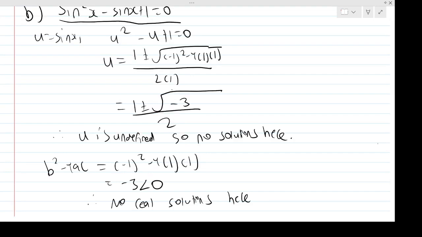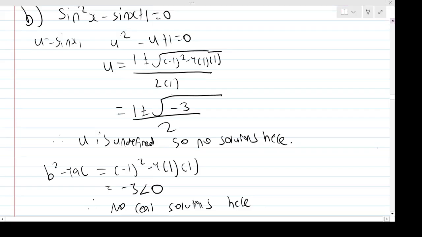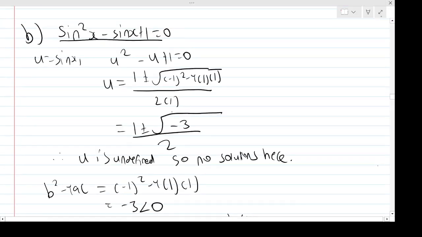So do remember, you can prove there are no solutions to a quadratic by considering the discriminant, even if it's not a proper quadratic. We have sine squared, right? This was just a disguised quadratic, but you can convert it into a proper quadratic, which then we can use a discriminant on, and then we showed there are no solutions to it. So there we are.